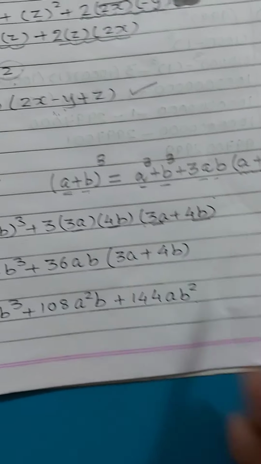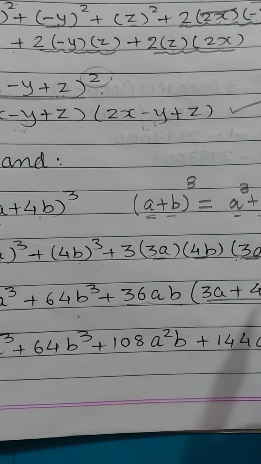Okay, now expand them. Cube of 3, that is 27, and cube of a, that is a cube. Next cube of 4 is 64 and cube of b is b cube, right? Now 3 3s are 9, 9 4s are 36 ab into 3a plus 4b.